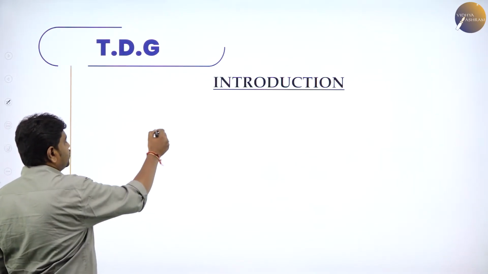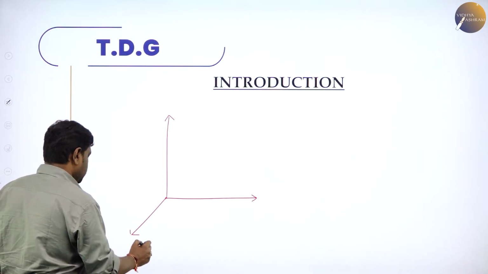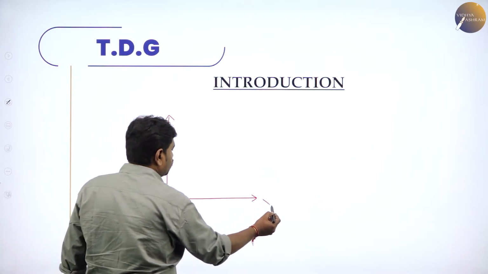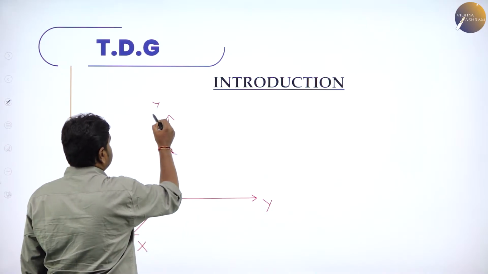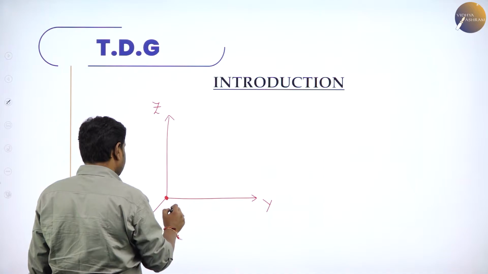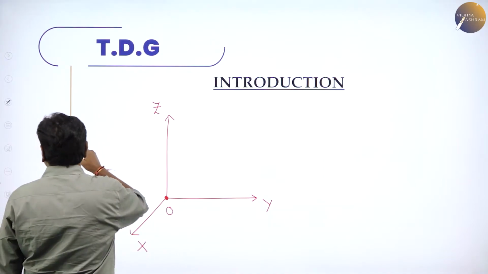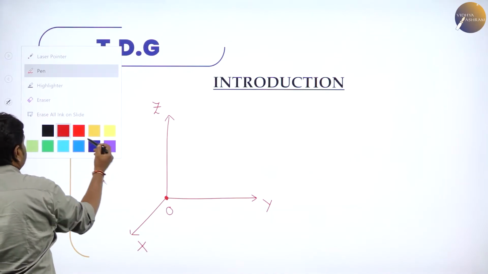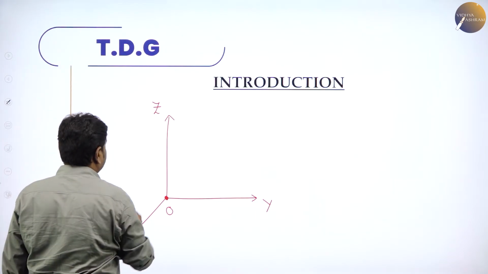now we'll take three dimensions: x-axis, y-axis and z-axis. The point of intersection, that is origin, and we consider a vector. Let us consider a vector.